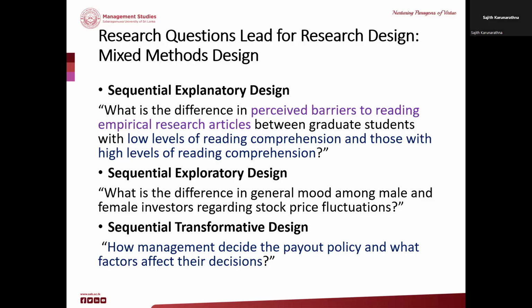Catering theory of dividends. But general mood, if you consider it, is so abstract. In catering theory also, investors' preference is measured through a proxy called dividend premium. Dividend premium is calculated by having a numerical formula.